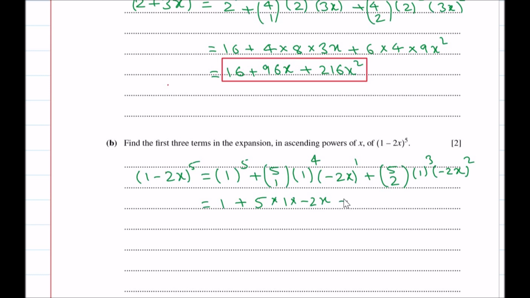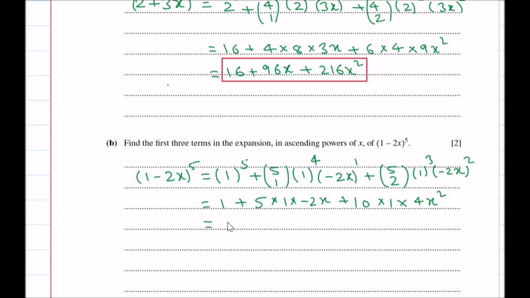Okay. Plus 5C2. 5C2 is 10. 1 cube is 1, into (minus 2x) squared, so it becomes positive 4x squared.